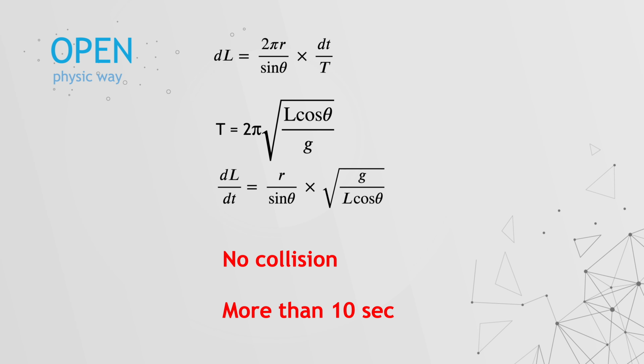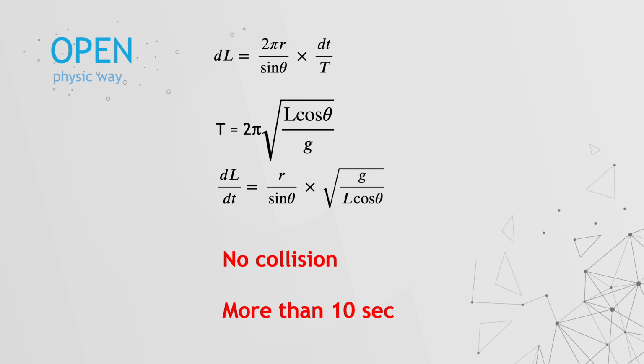Let's write down the differential equation. We know that dl equals 2 pi r, the circumference of the pillar, divided by sine theta, times dt divided by big T. And big T now means the period of the flying pendulum, and T equals 2 pi times the square root of L cosine theta divided by g.